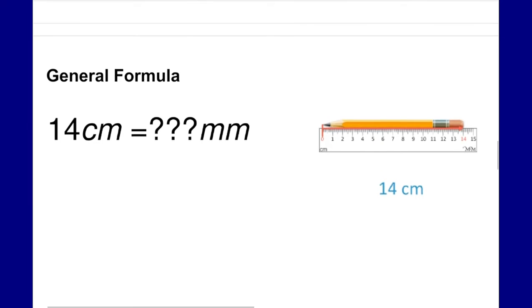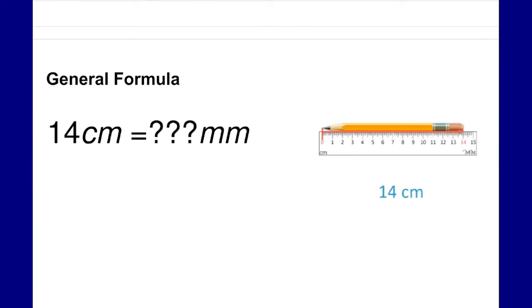So we're going to look at a general formula that will help us in any type of conversion, converting from one unit to another. So if we look here, we want to figure out how many millimeters is 14 centimeters. 14 centimeters equals how many millimeters? Now, if you think about the question and do it on your own, or do it quickly in your head, you could probably come up quickly with an answer.